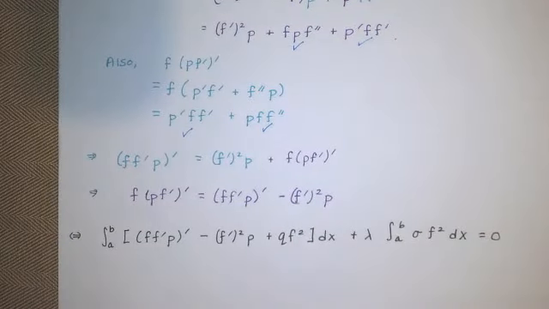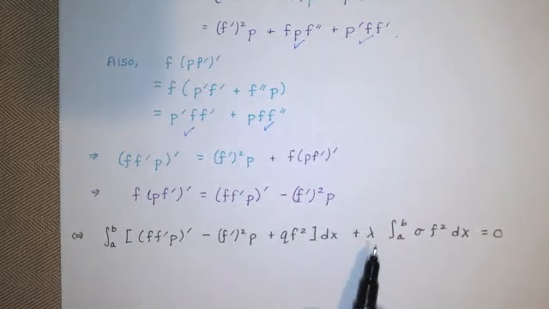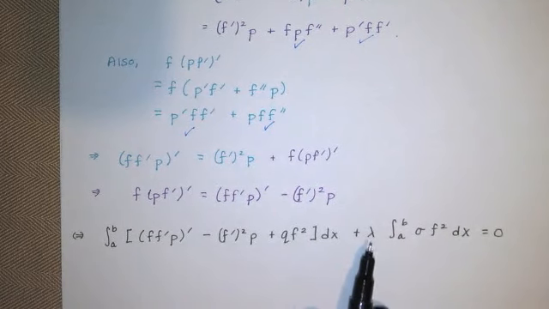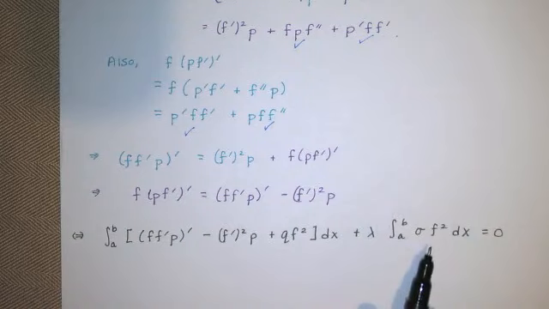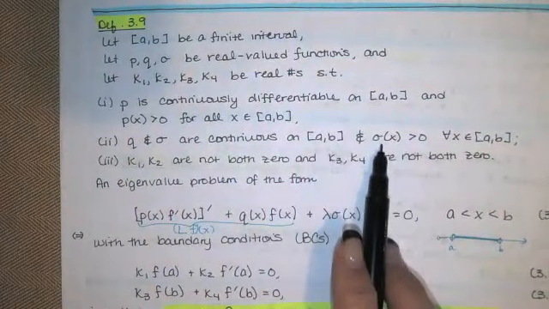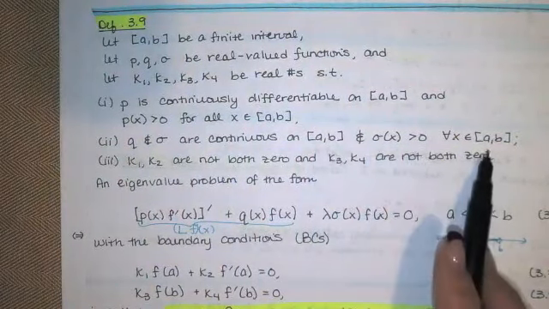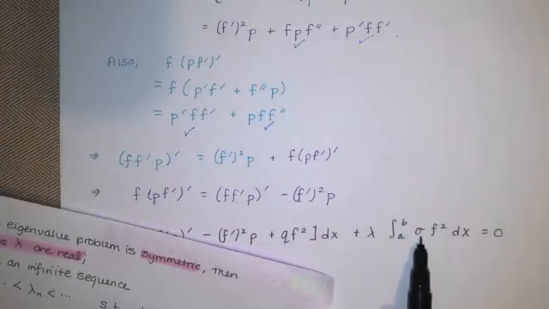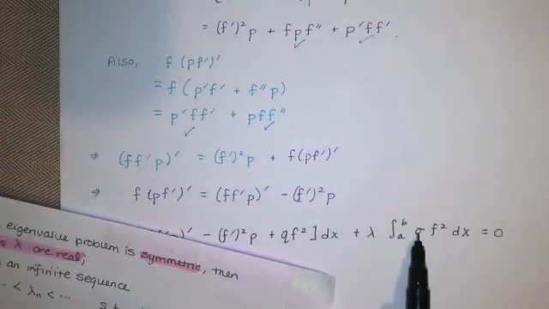Okay, now the Rayleigh quotient is an expression for lambda. Now we'd like to be able to get lambda by itself. We're not guaranteed to be able to get lambda by itself unless this is non-zero. But remember the conditions for the regular Sturm-Liouville problem. Sigma of x is supposed to be positive for the interval from a to b. So this is strictly positive.